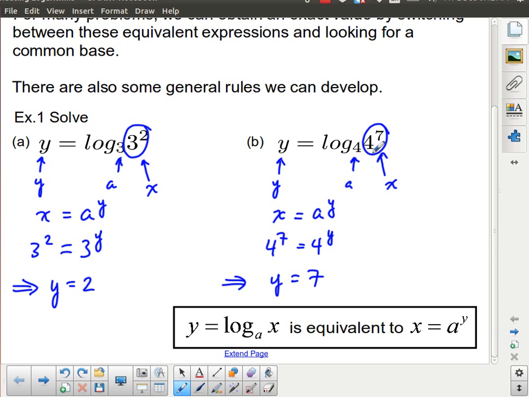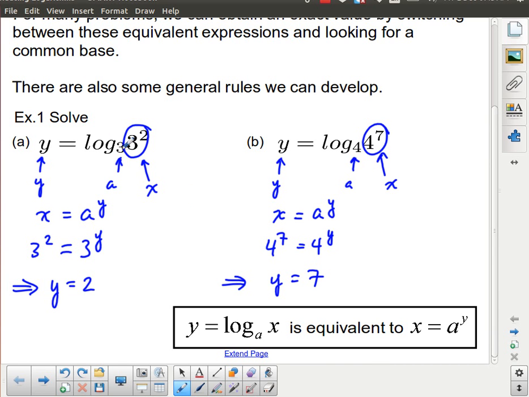Do you notice a pattern there? Log base 3 of 3 to the 2 just turned into 2. Log base 4 of 4 to the 7 just turned into 7. What we're actually seeing here is a property of the inverses of functions. A function and its inverse undo each other.